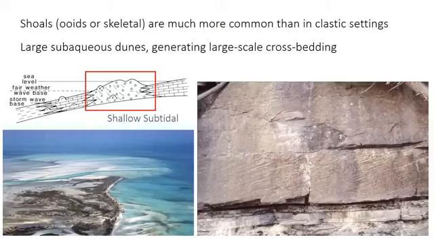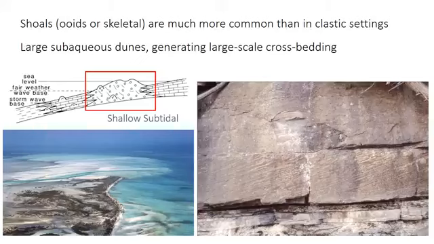Subaqueous dunes like this do occur on clastic coastlines. You may remember we talked about the longshore-dominated dunes that you can sometimes see in the shore face environment of clastic coasts. But they're not common there, and they end up being much more common or widespread in carbonate environments.